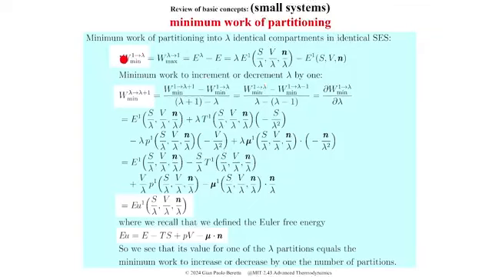And so since we have an expression for W, we can take the partial derivative with respect to lambda, do the math, and out comes that the work is the Euler free energy of each partition in the lambda subdivided system. So that's another physical interpretation of the Euler free energy. Okay, good.